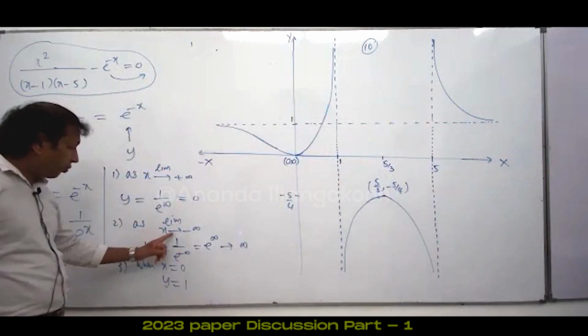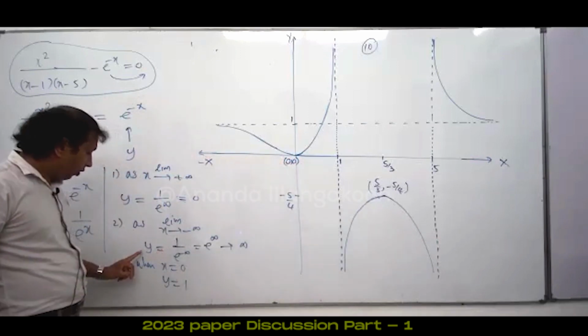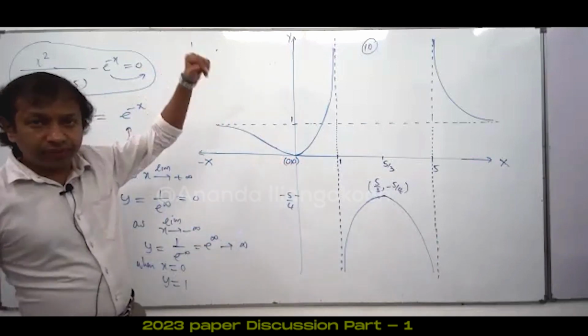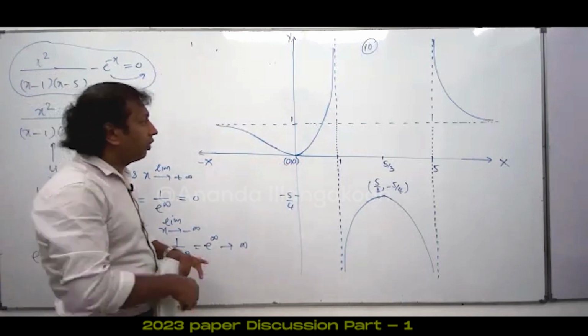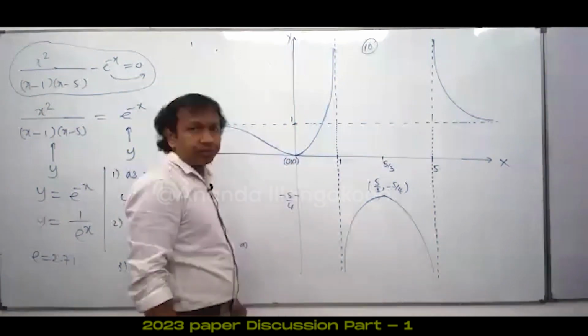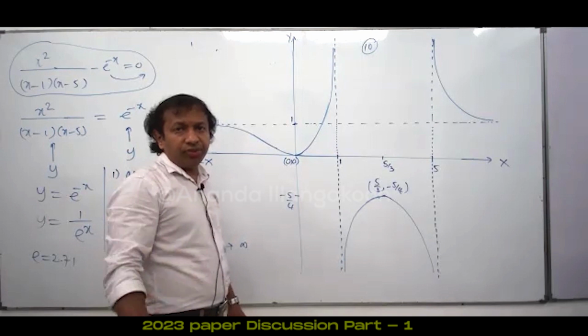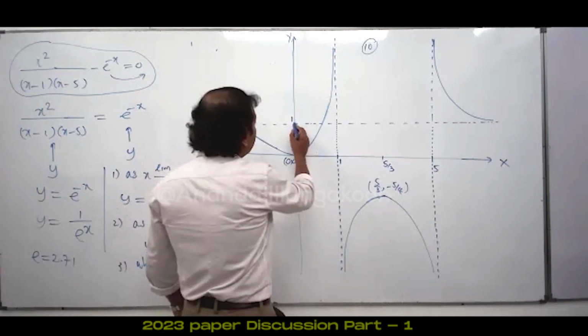And as x goes to negative infinity, that means when we go this way, y goes to plus infinity. And at x equals 0, y is 1. x equals 0, y equals 1 means here. Our graph passes through this point. Then taking these 3 points into account, when we draw the graph, it is like this.